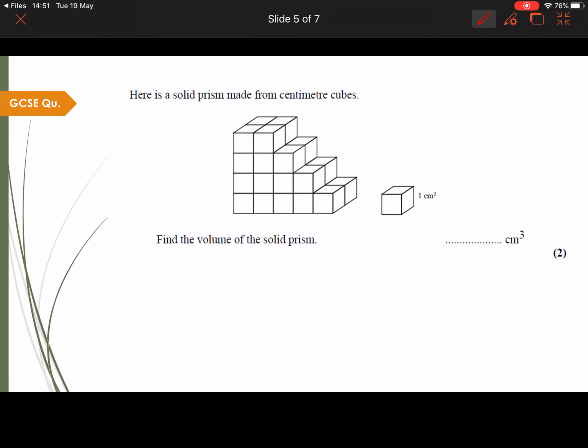Here is a GCSE question. Press pause and have a go, and when you're ready, press play. The volume of this solid prism is found by counting the number of cubes. You are given a key that we discussed before. 1 cube is equal to 1 centimetre cubed.